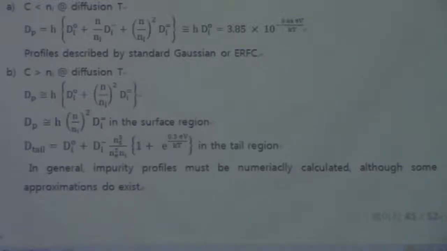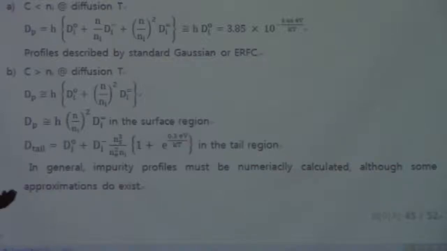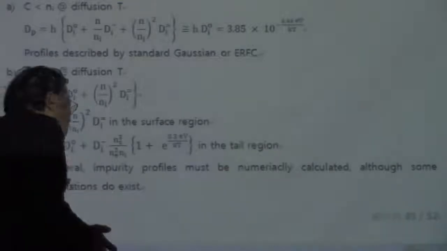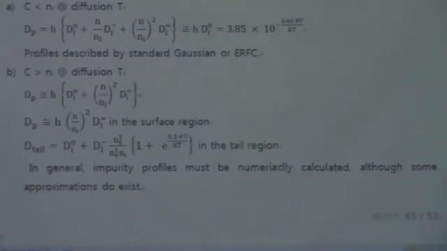In one sense, you may say, why do we worry about this physics too much? If you want to solve Fick's second law, all you have to do is put everything in the computer and get the numerical solution, and then you have your profile of the impurities.